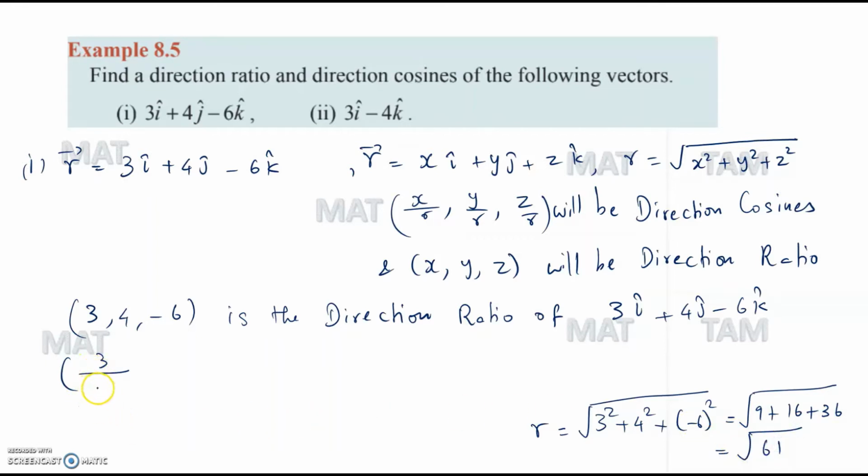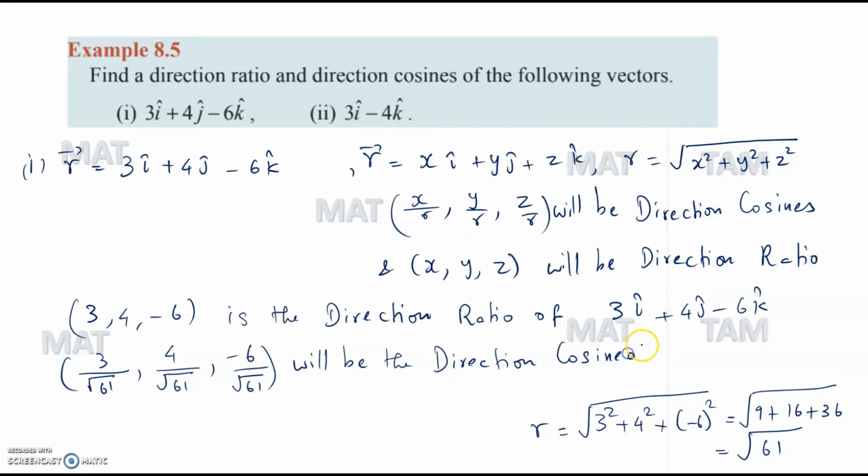So 3 by root 61, comma 4 by root 61, minus 6 by square root of 61 will be the direction cosines of the vector 3i cap plus 4j cap minus 6k cap.